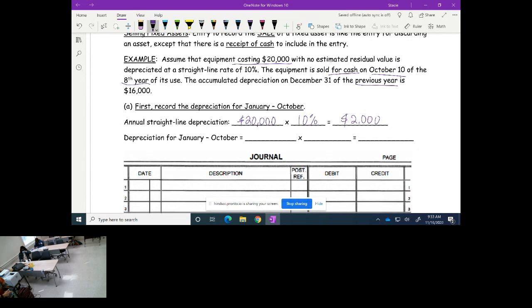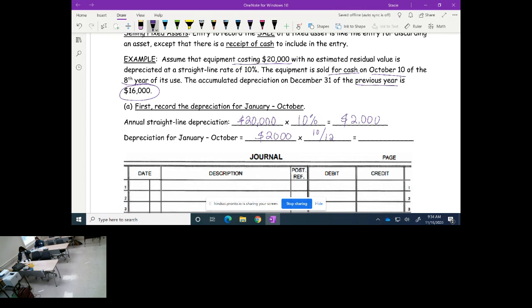If we're going to calculate depreciation for January through October of this year, to add to the 16,000 that came from last year, which is the total we've depreciated through the life of the asset through the end of last year, we have $2,000 times 10/12. It's 10 months through October, so 10 months out of the 12.